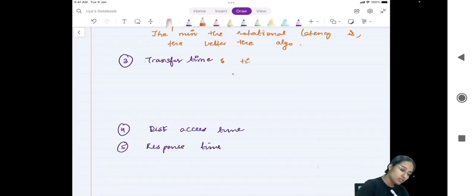So this is known as the time taken to transfer the data.